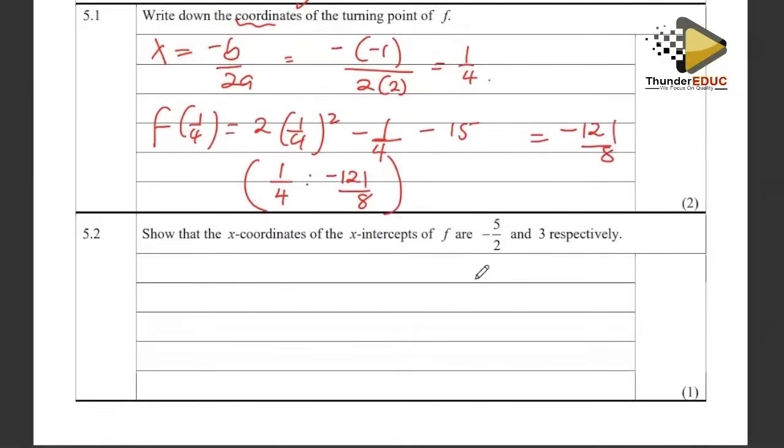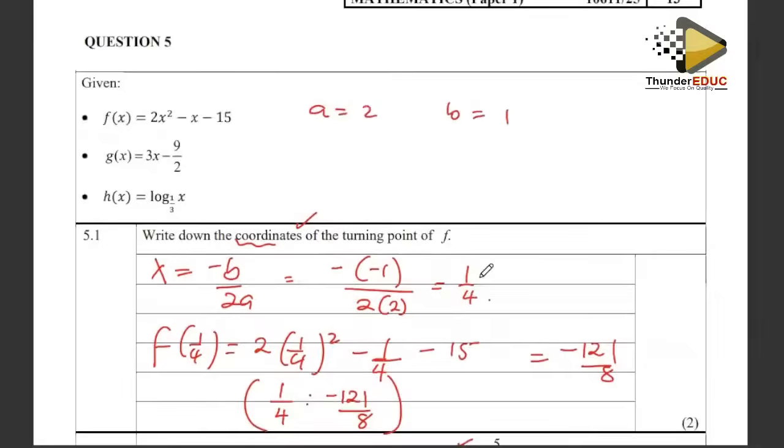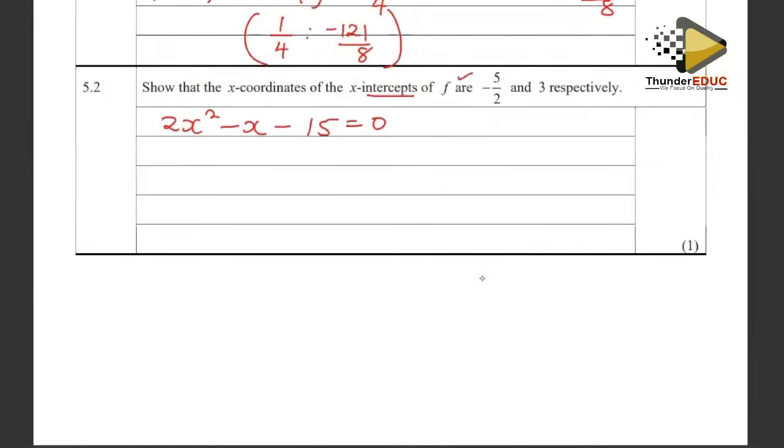Okay, show that the x-coordinates of the x-intercepts of f are this and that. Okay, so they want us to factorize and show them how we are factorizing. So y is going to be a 0 for the x-intercept. Okay, open your brackets. So 2x squared is just going to be 2x and x. For me to get a 15, I can have the 5 and the 3.